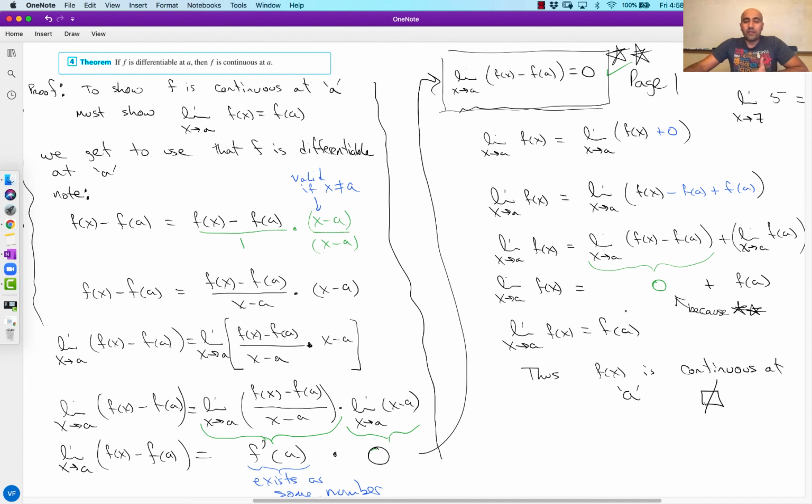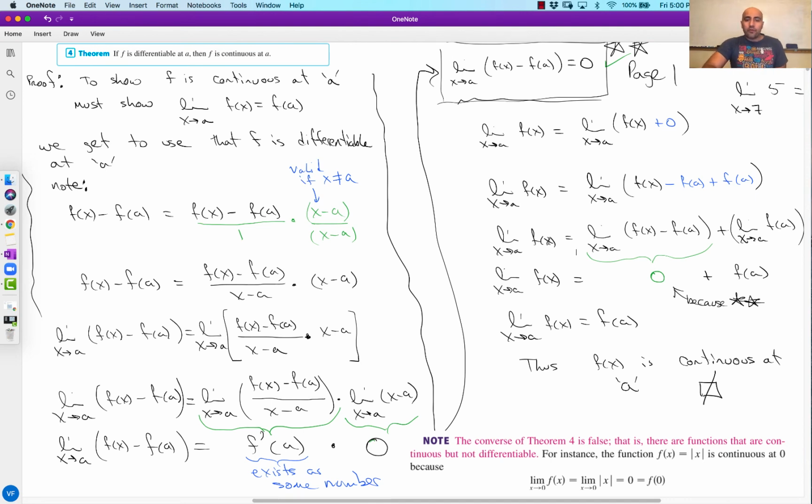If you want to be really slick, you put this on page 1, and then when you get to this, you say see back page or see page 7 of your work, so you can reference it when you need it. Anyway, organizing is half the battle, so be really neat and organized in the way you do things. Hopefully this makes sense. We've shown that the function is continuous at a.